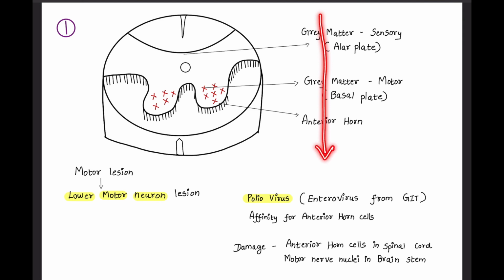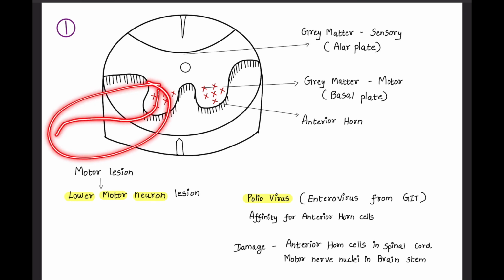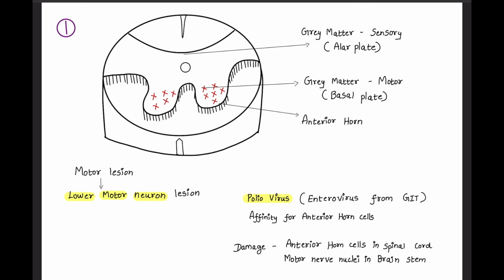Lower motor neurons are the nerve fibers coming out from your spinal cord to your body. So in the anterior horn, the nerve fibers coming out from the spinal cord to your body are known as lower motor neurons. So the lesion is in the lower motor neuron, known as a lower motor neuron lesion.